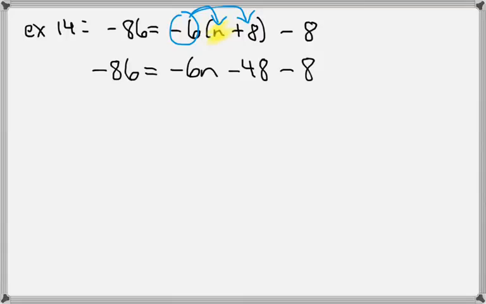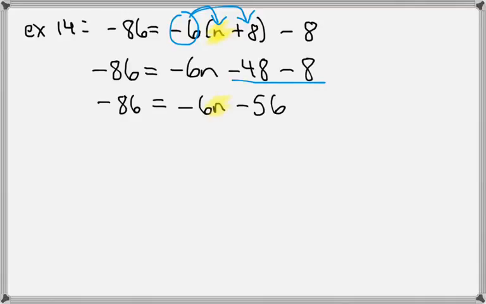Now we can look to combine like terms. I have a negative 48 and a negative 8. Those are both numbers. We can combine them. So we have a negative 86 equals a negative 6n, and then those combine to give us a negative 56. Now again, it looks like our two-step equations, our two-step problems. We're trying to get that n by itself.